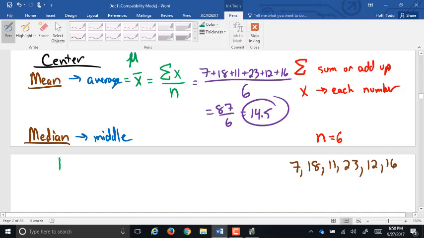Step 1, we have to put the numbers in order. So the smallest would be 7, 11, 12, 16, 18, 23. That's step 1. We put them in order from smallest to largest.